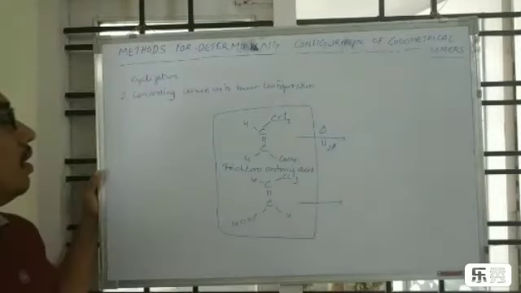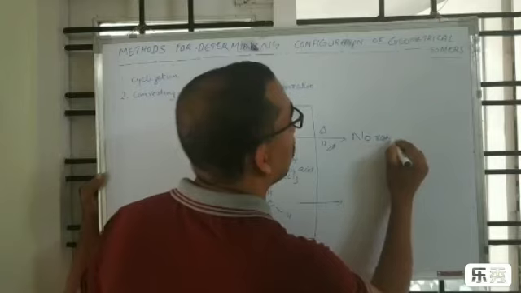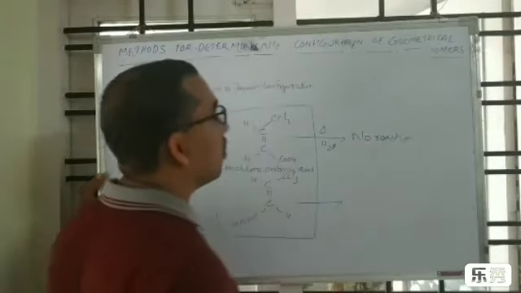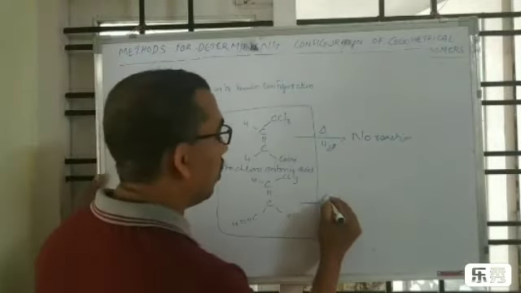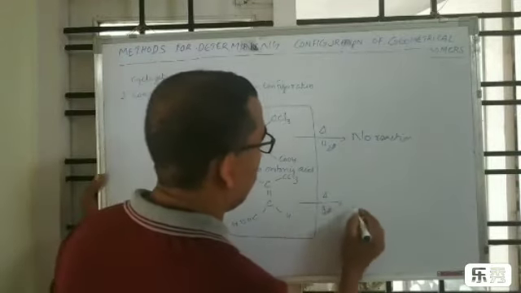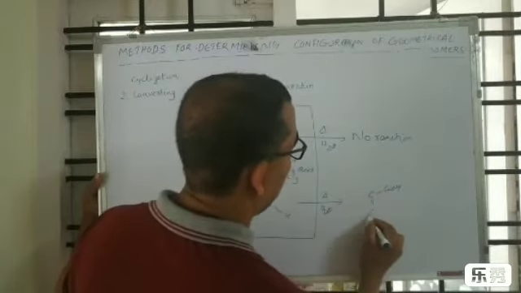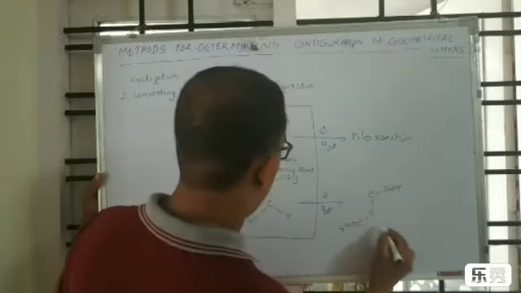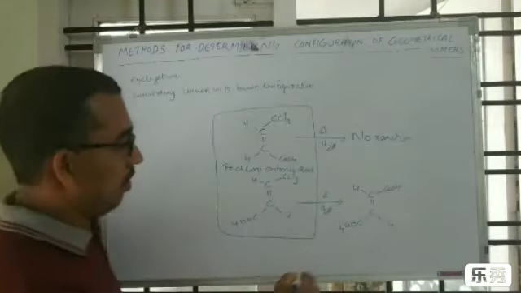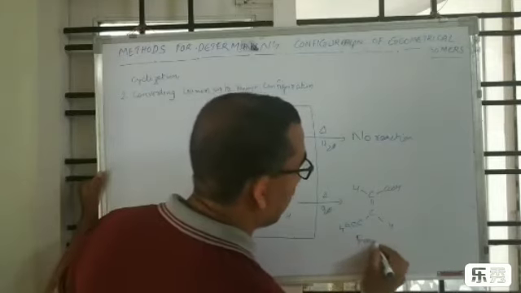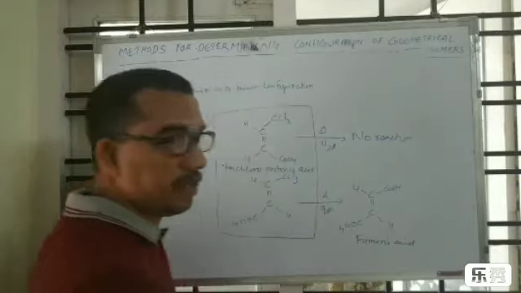On hydrolysis, if there is no reaction, it is a cis isomer. On hydrolysis, if it yields this, this is fumaric acid. We know the configuration of fumaric acid. That is, fumaric acid is trans.